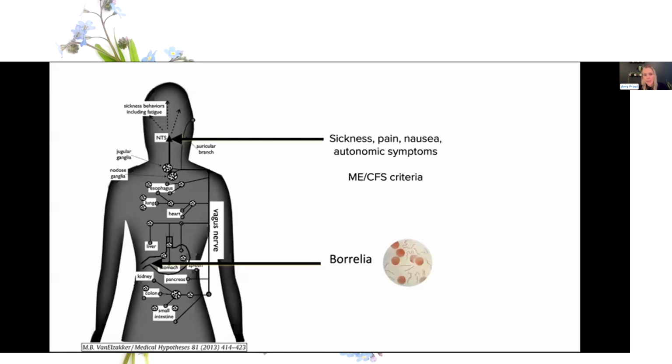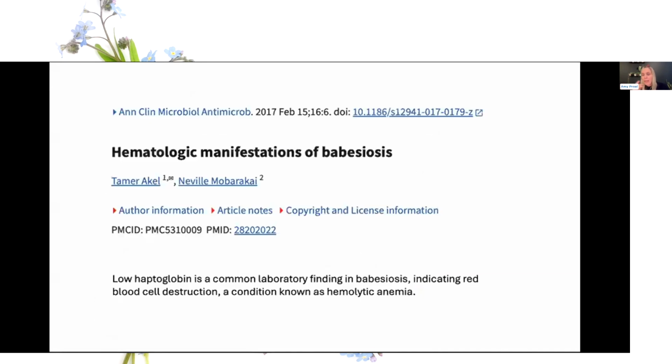So, a last one that I want to mention is that there's a parasite called Babesia that can be carried by ticks that is really unrecognized in its ability to drive really classic ME/CFS symptoms. So Babesia is a parasite, and when it infects the red blood cells, it can lead to issues with the ability to uptake oxygen.